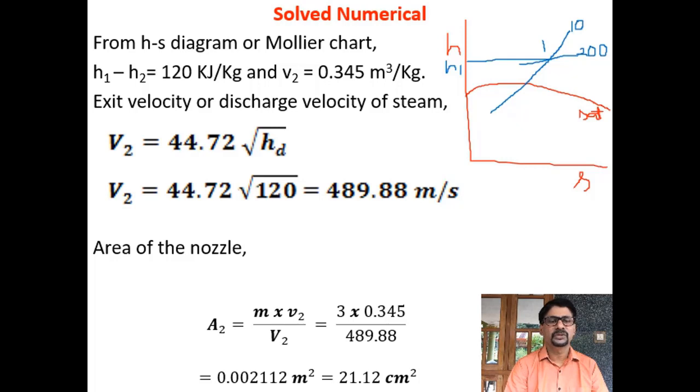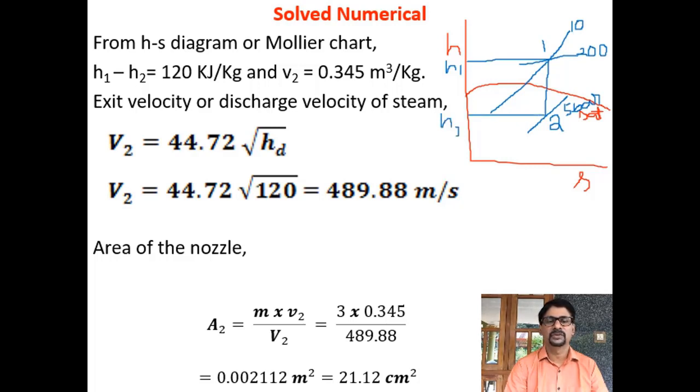Now the expansion continues till 5 bar, so it is isentropic expansion. In the HS diagram, the isentropic line is a vertical line. So you have to come down from point 1 vertically downwards till it meets the 5 bar line. That is point 2. The corresponding enthalpy you have to note down as H2.